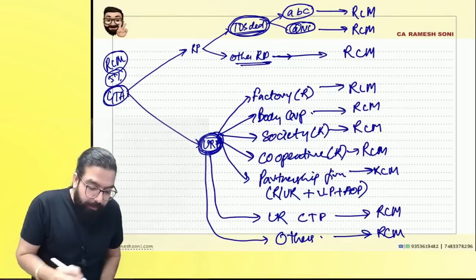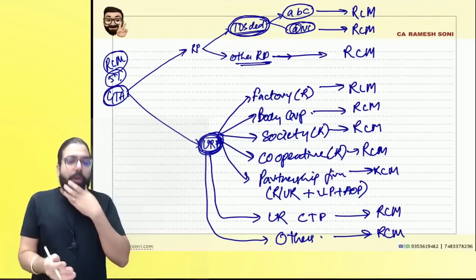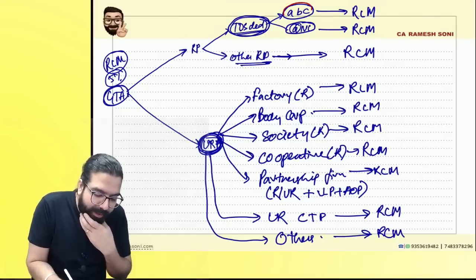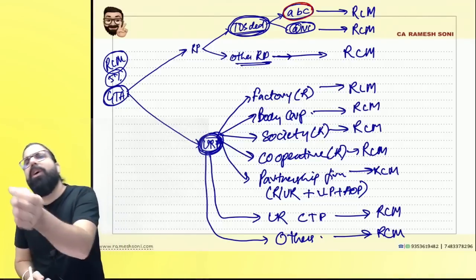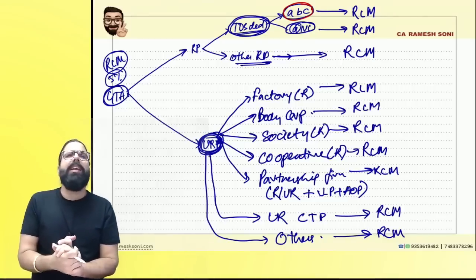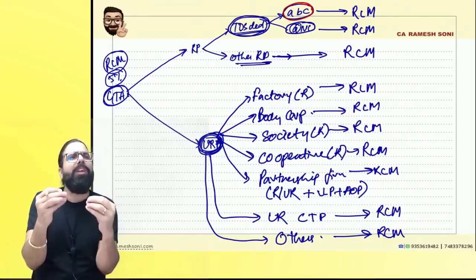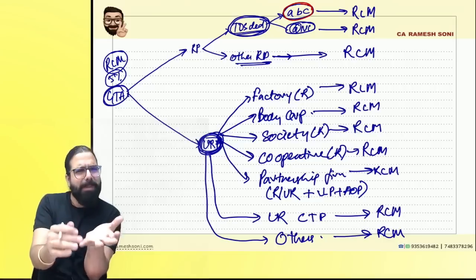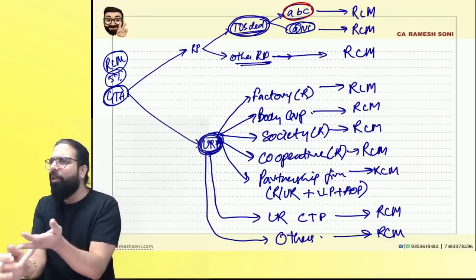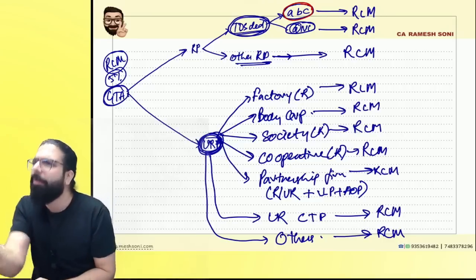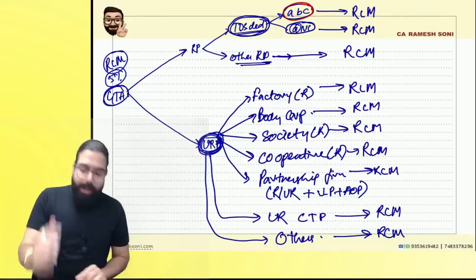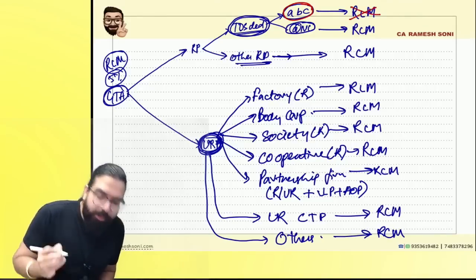But then the pure TDS deductors who are going ahead and purely taking registration only for the purpose of deducting TDS, they went ahead and told the government, sir, we are there only for the purpose of deducting TDS and we are Department of Central Government, State Government, Local Authority, Governmental Authority. We are government people, sir. And government went ahead and told, okay, reverse charge will not apply.